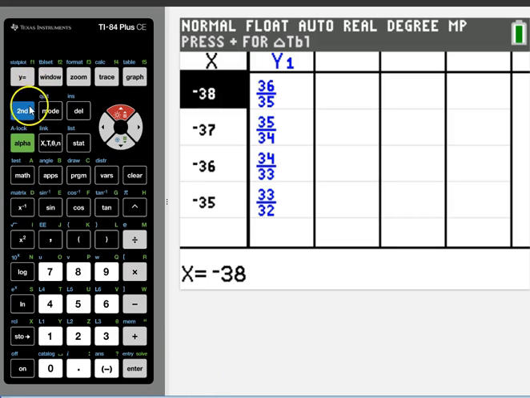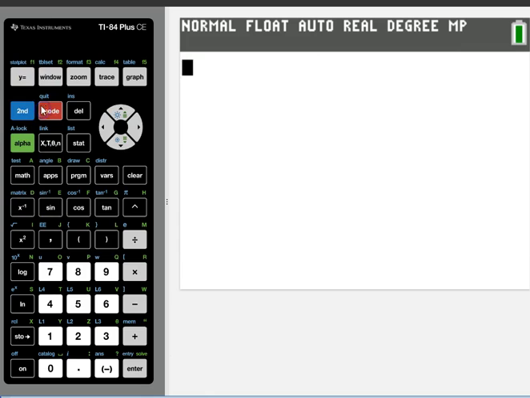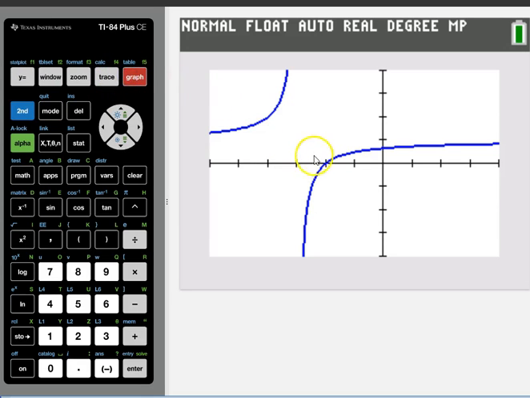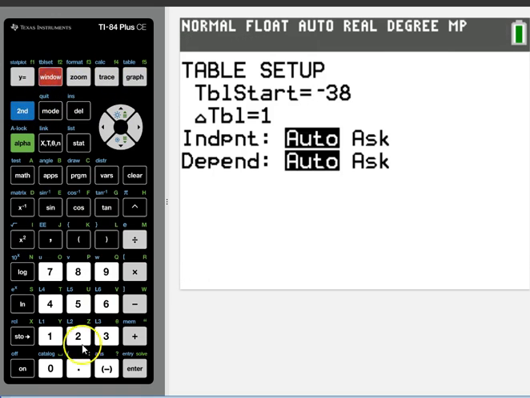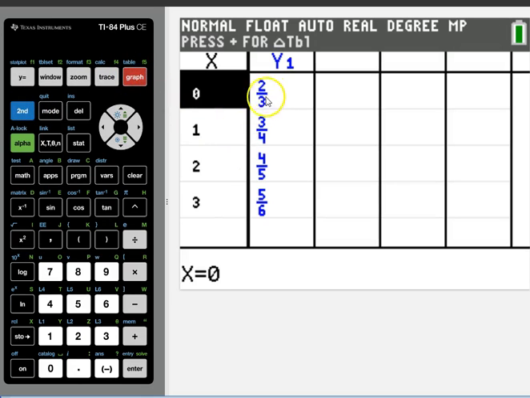So we'll go back here to our graph. It crosses the x-axis at -2. I guess the y-intercept is somewhere between 0 and 1. We could again look at the table for when x equals 0. And no surprise, it is 2/3.